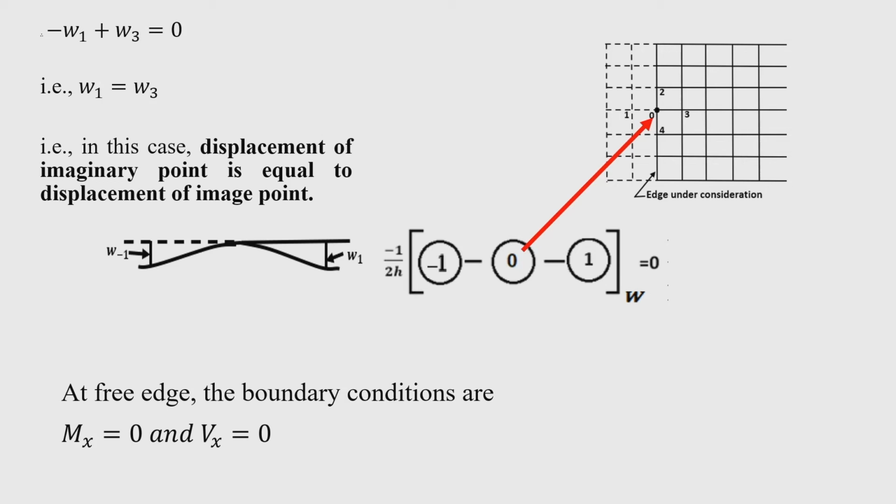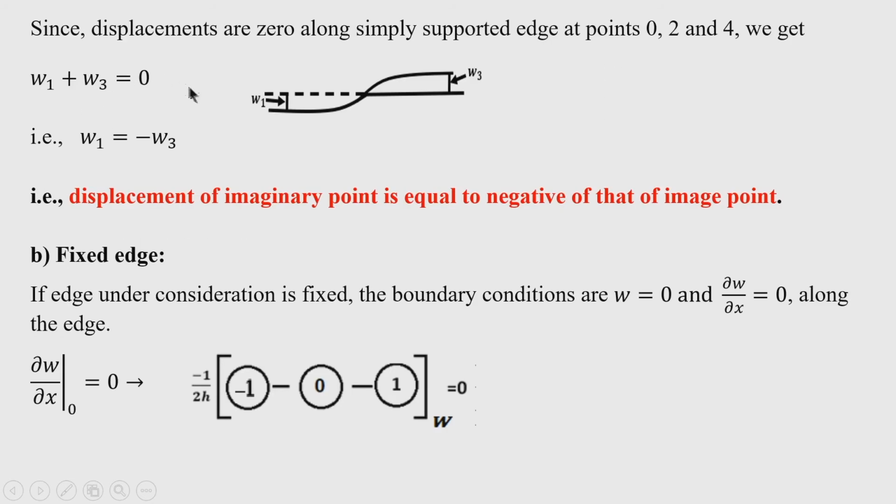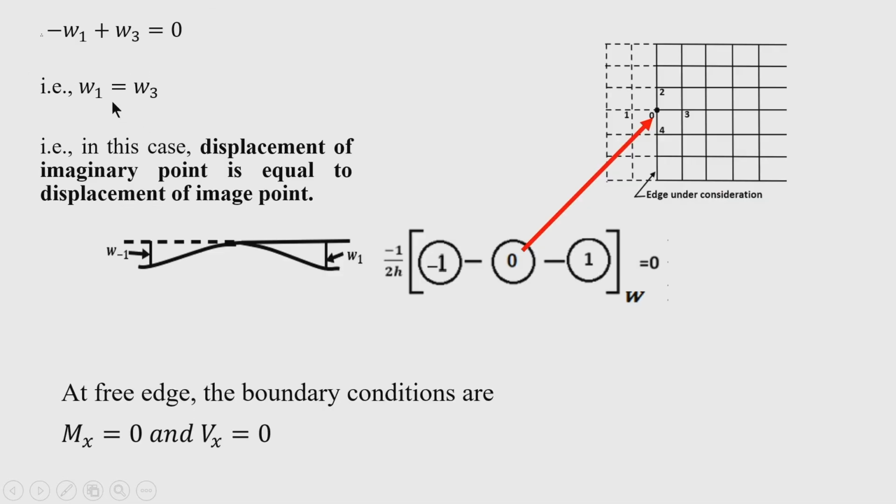Whenever the imaginary point appears, we can now replace it by the displacement of the image point. Similar was the case in simply supported edges, but you can see the difference here. Here W 1 equal to W 3, but there you will get W 1 equal to minus W 3.